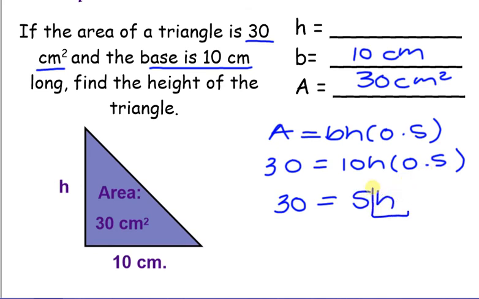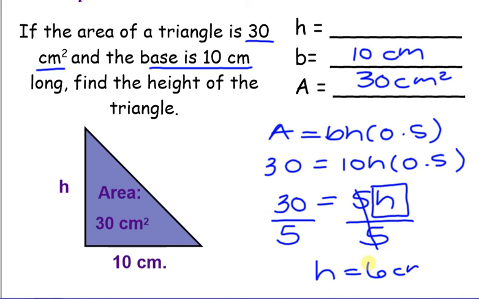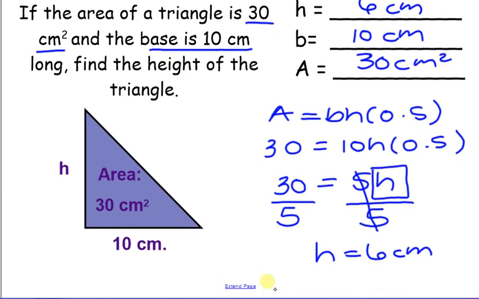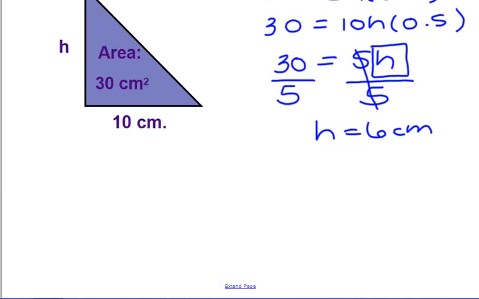Now you have a one-step equation. Box the variable, divide by 5, divide by 5. The 5's cancel, you're left with h equals 6 centimeters. Now again, learn how to check your work. Area equals base times height times 0.5.